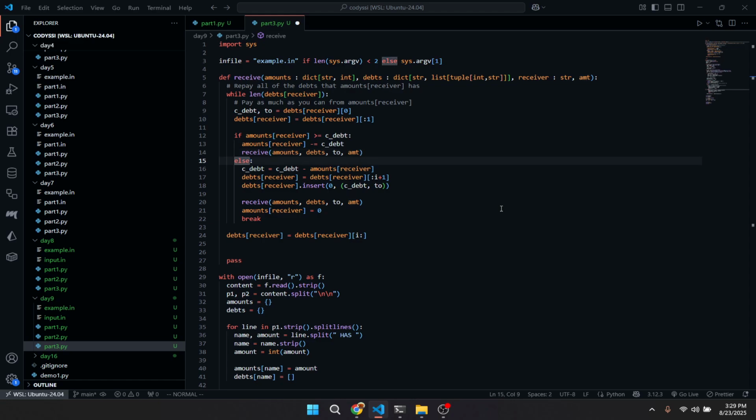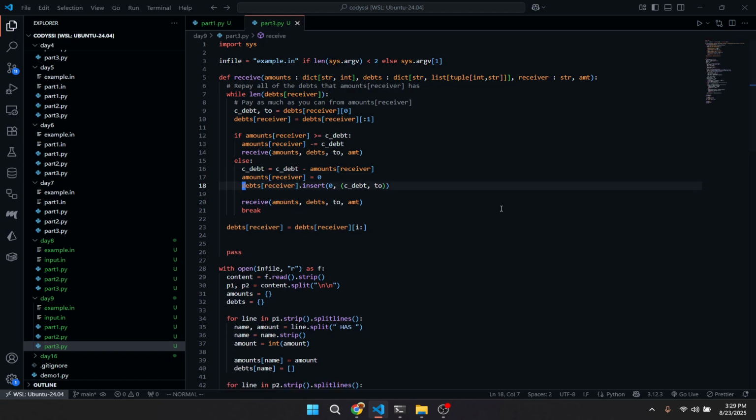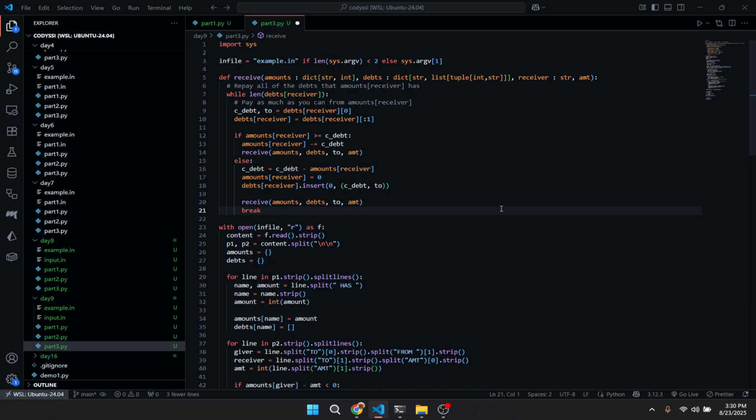But if you can't pay the whole debt, just pay as much as you can, right? Then you have nothing left after you paid as much as you could. Then you insert, so your debt is essentially, you still have that debt to this guy, you have no more amount, and then you have to break after this. Why do you break? Well, essentially because it's clear that you can't pay anymore, right?